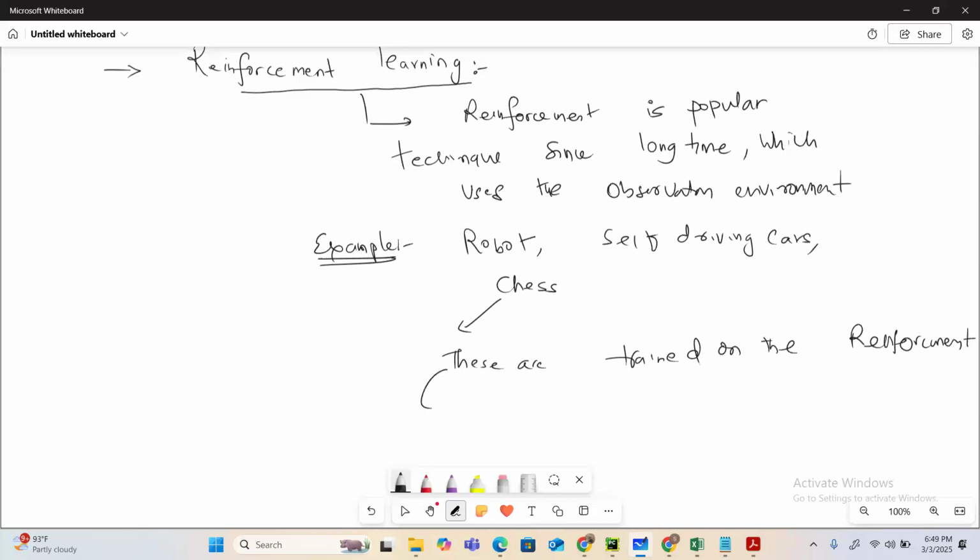The meaning of that is it takes the feedback from the environment and behaves accordingly.